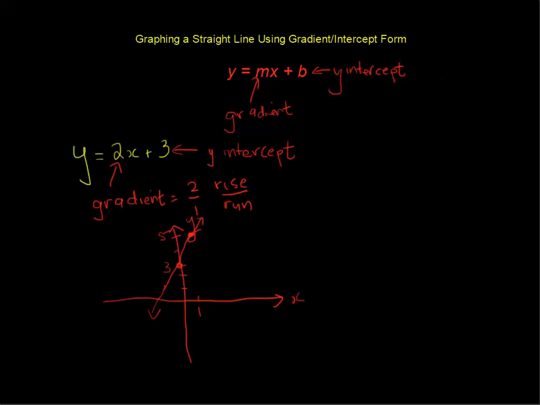Okay, let's have a look at another example where the gradient's negative. So this time, we'll try y equals minus x on 3 plus 2. So again, when we have a look at it, we can see that this time our gradient is minus 1 on 3.